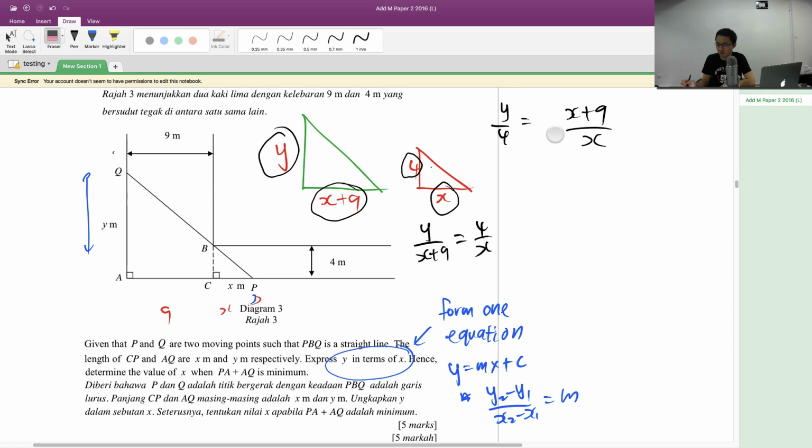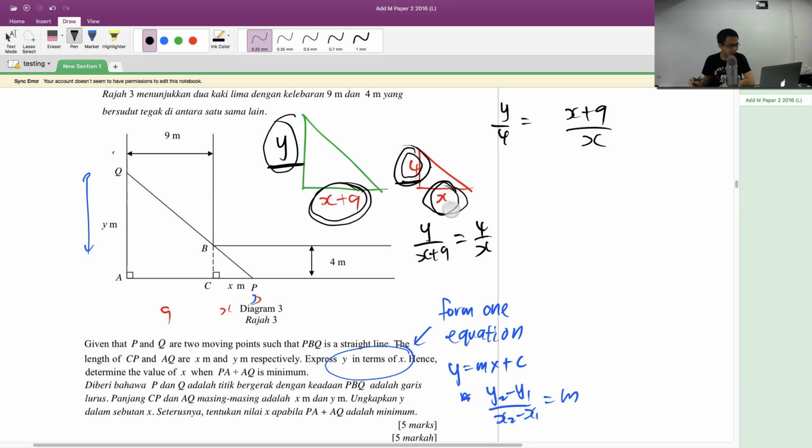But something very important is that if y is on the top, make sure the matching x is on the top. If this one and this one form one fraction, you have to make sure the big one and the small one form the other fraction. I hope I actually gave you some idea.